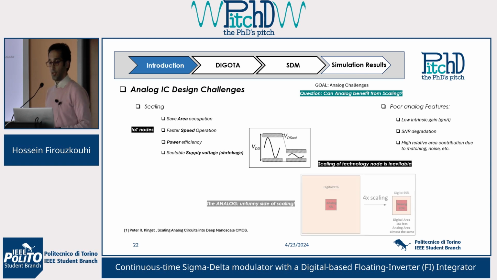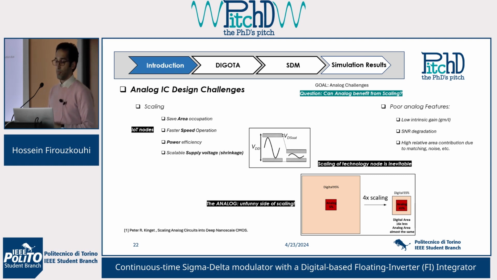Here you can see the unfunny side of scaling: the analog and digital systems are scaled by a factor of 4, but the analog circuit remains the same in order to maintain the specific performance, while the digital shrinks as well.